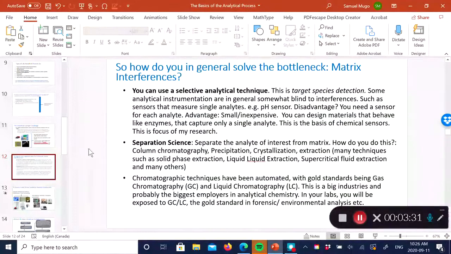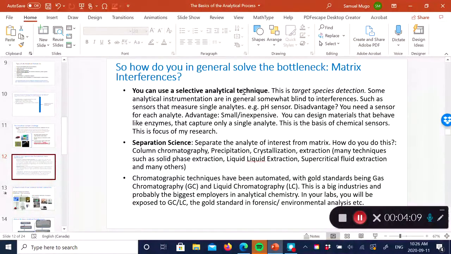One, you can choose an analytical method that is selective. You've got analytical methods that are sort of blind to the other interferences. And often this is the case with sensors, because sensors measure single analytes and they are completely blind to every other chemical species that is present, to some extent. There's still a little bit of interference, but to a great extent, they tend to be fairly selective.